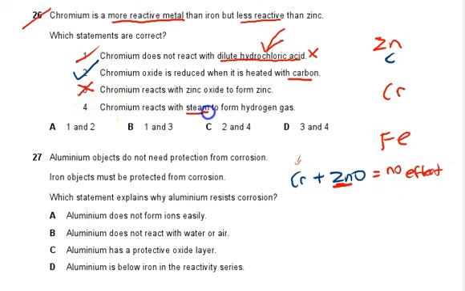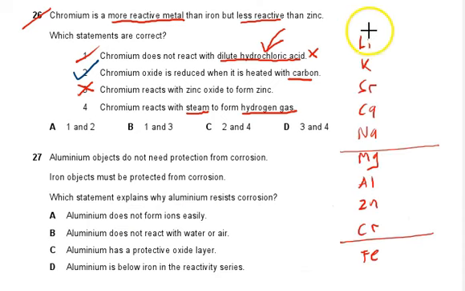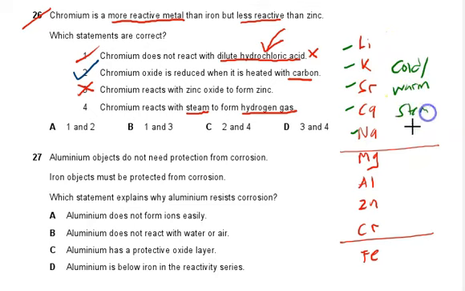Chromium reacts with steam to form hydrogen gas. For number 4, let me explain in more detail. First, let me erase this and I will write down the electrochemical series elements here. As you can see, this is the electrochemical series. The first 5 elements can react with cold, warm or hot water or steam to produce hydrogen gas and their oxides.